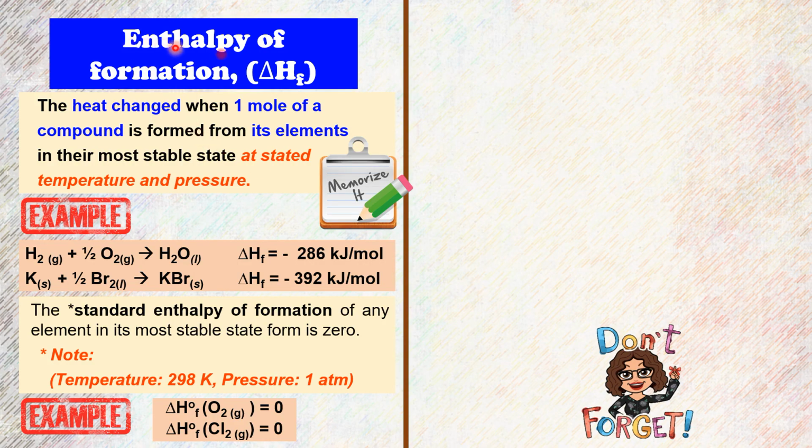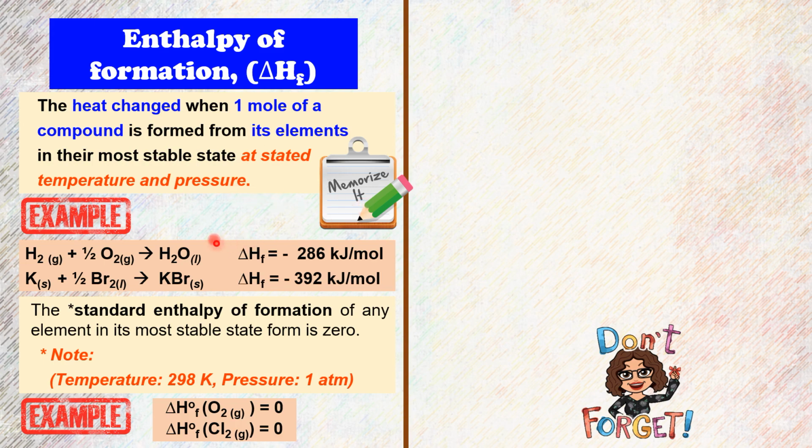The enthalpy of formation, we can symbolize it as delta Hf, where f stands for formation. It is defined as the heat change, which can be heat absorbed or heat released, endothermic or exothermic reaction, when 1 mole of a compound is formed from its elements in their most stable state at stated temperature and pressure. So you have to remember this definition.